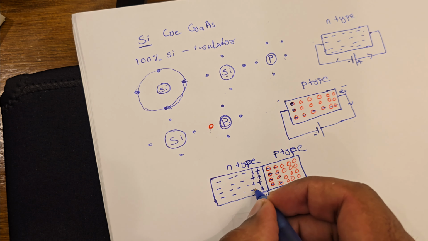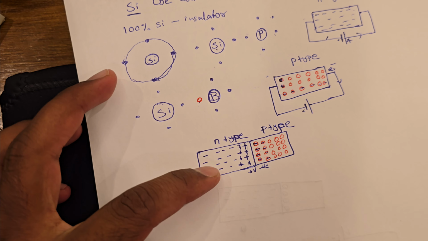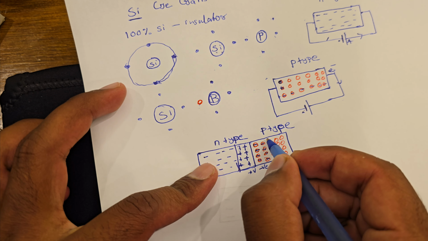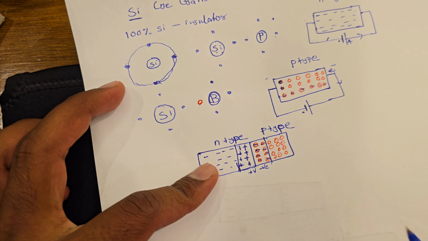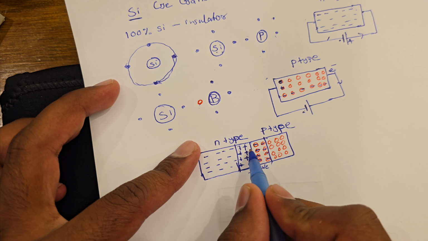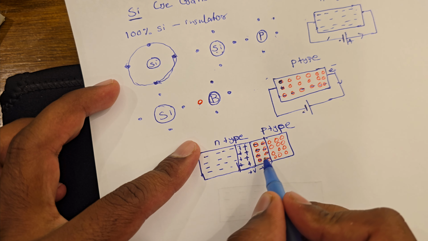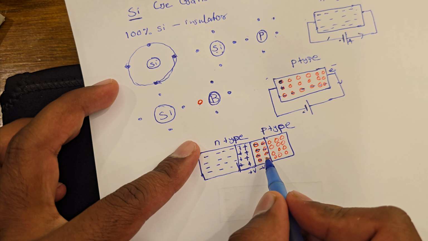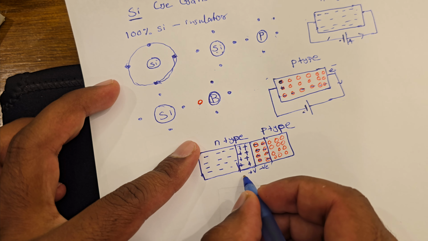So no more flow of free electrons to the p-type region, because this negative charge exists here. So now we have a region close to the junction. In n-type there is a region with positive charges, and in p-type there is a region with negative charges side by side. So it creates a voltage.